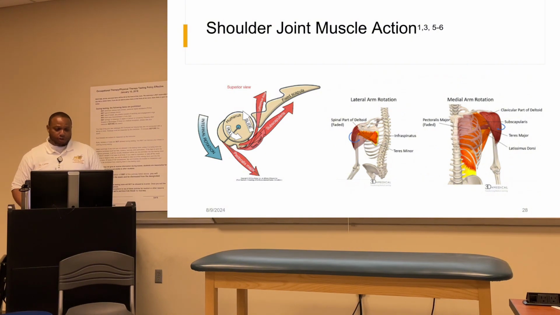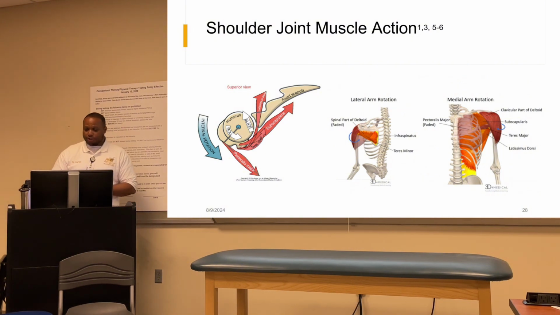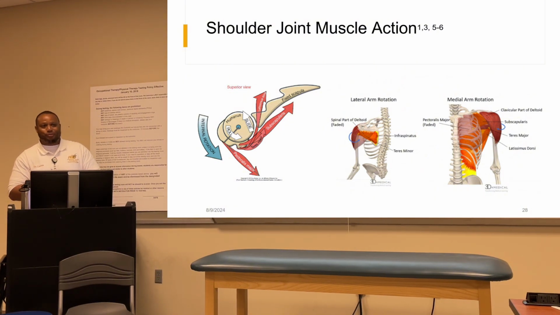So here's another visual of shoulder joint muscle action. You all can go through these visuals to make sure that you have muscle actions down. Muscle actions can change your grade. Understanding the muscle action can change your grade by a whole letter grade, because you have to know the muscle action for every last practical in your orthopedic courses.